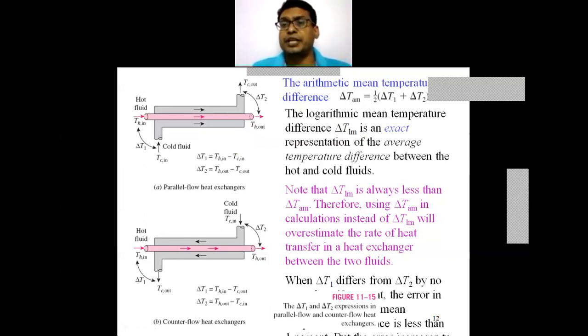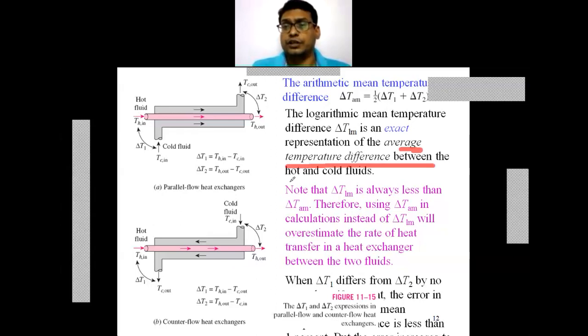The logarithmic mean temperature difference, delta TLM, is an exact representation of the average temperature difference between the hot and cold fluids. That is what we are taking, the average of that temperature difference. And so we are calculating the log mean temperature difference, that gives the average of the temperature differences.